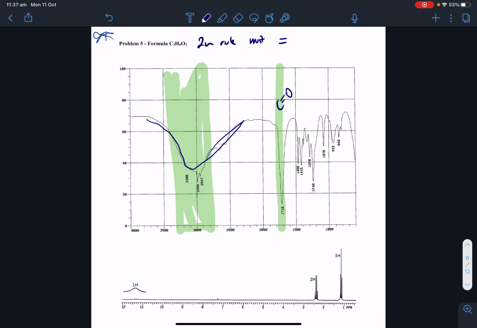And the carbonyl, when it's right next to the alcohol, makes that really wide peak, especially between the 2 of them, hello, you've got a carboxylic acid. So that is classic carboxylic acid from the IR spectrum.